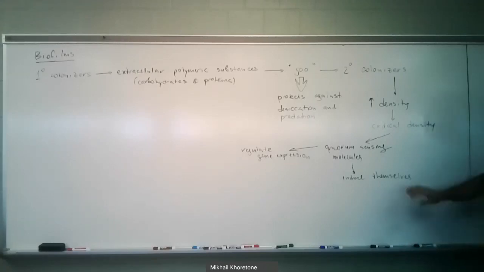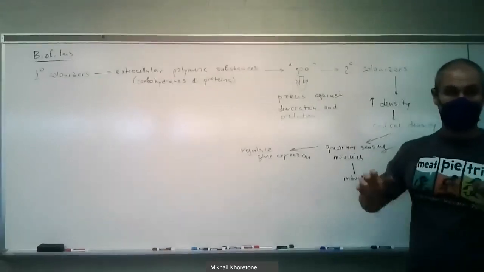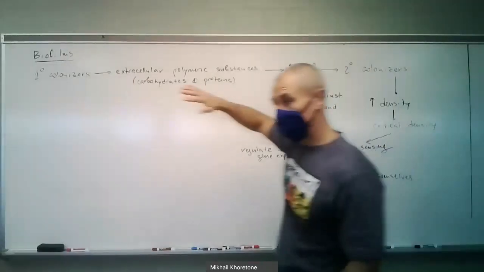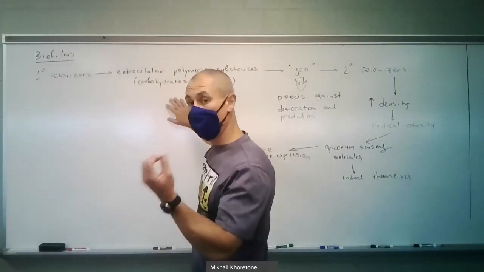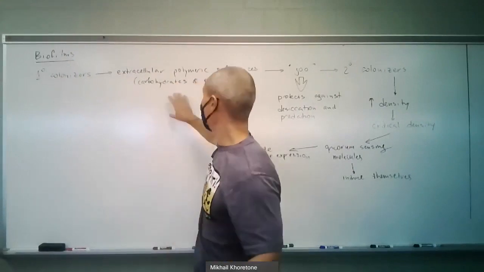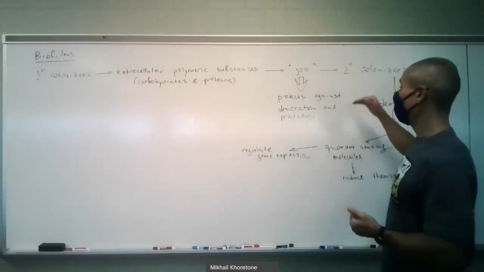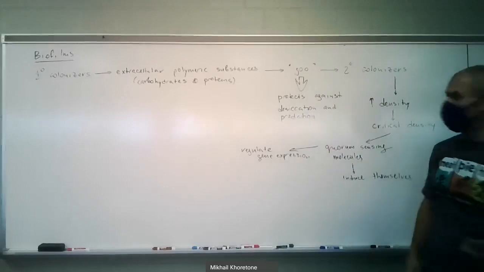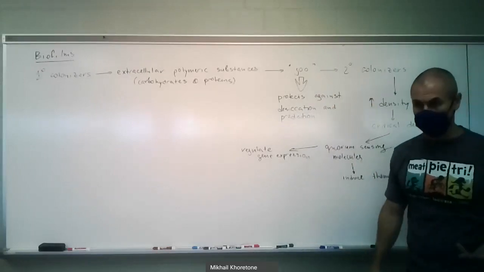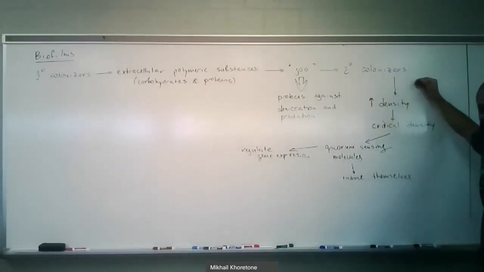Now, let me walk you through this in a smooth way. Imagine you have a surface. You have primary colonizers sticking to it. They start producing the gooey, carbohydrate-rich extracellular polymeric substance, which forms a goo that protects the colony from desiccation and predation. Also, it protects from antibiotics and stuff. So biofilms are notoriously hard to get rid of. This goo facilitates the fusion of secondary colonizers.